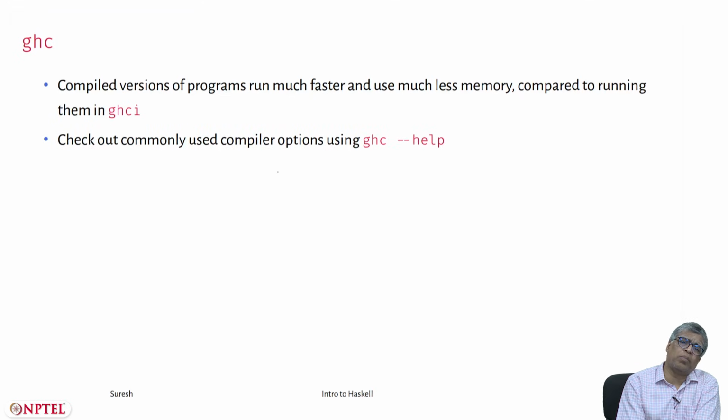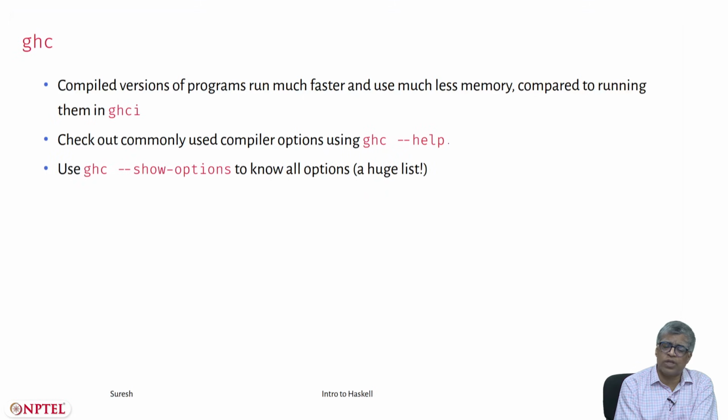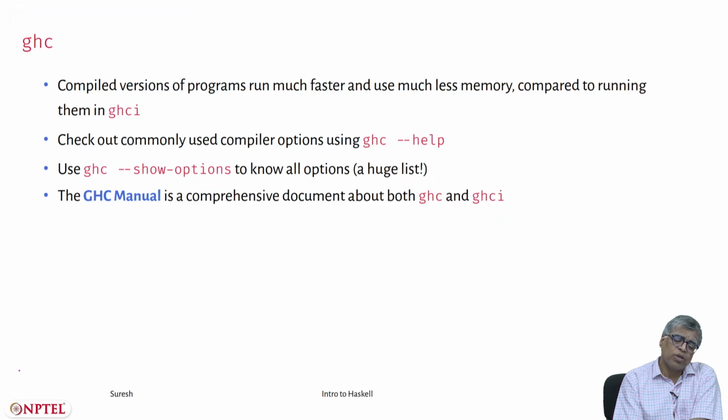You can learn more about GHC and compiler options by just typing ghc --help on the terminal. You will get to see lots and lots of options and much more detail about GHC. You can say ghc --show-options to know about all the options, and that's a very huge list. Even I don't know more than a tiny fraction of these options. So the GHC manual can be consulted.